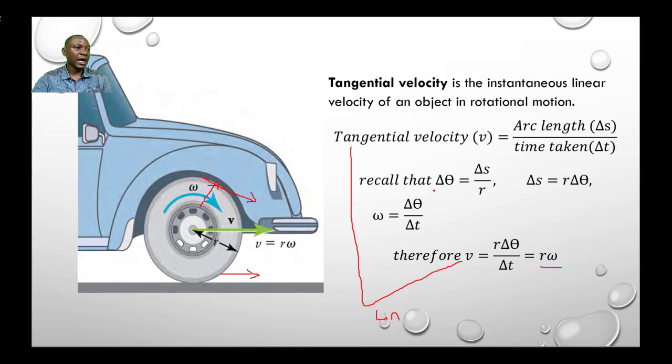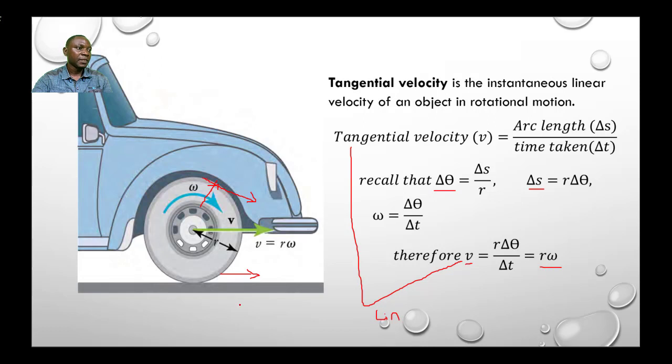They use the angular formula and came up with the arc length formula. Then they substitute this arc length formula into this equation. Now when it is substituted, they are able to get the linear velocity equivalent of it here.